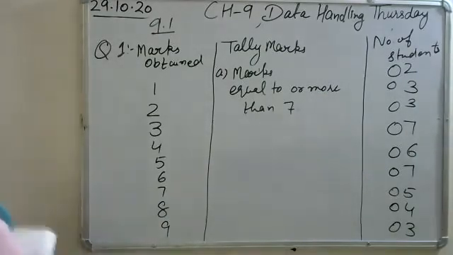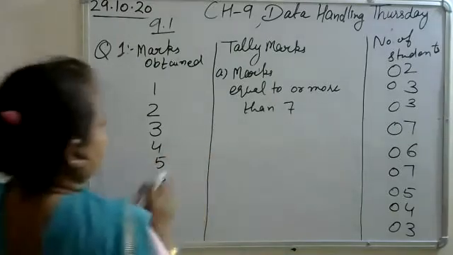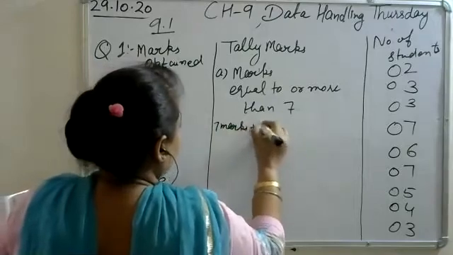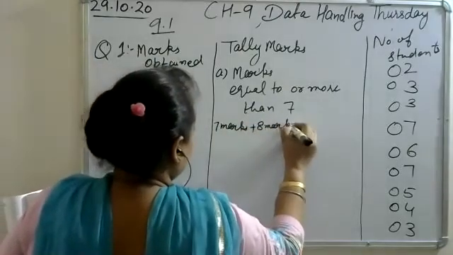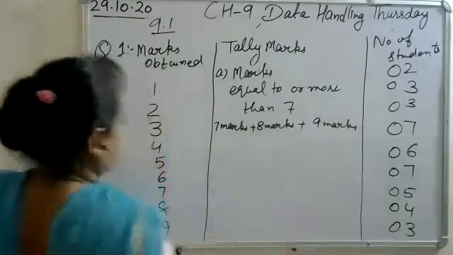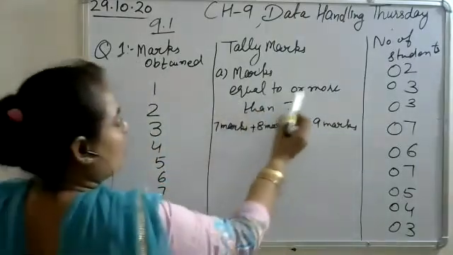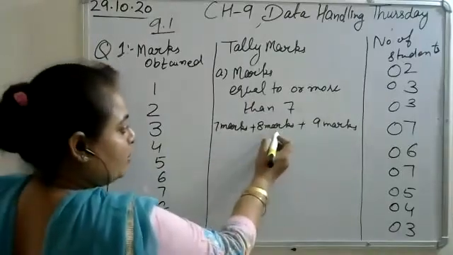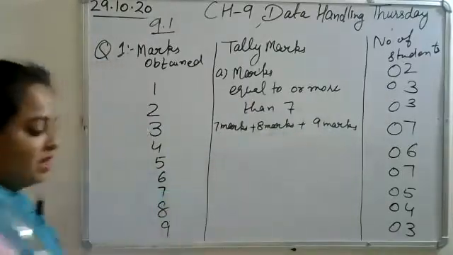Marks equal to or more than 7 means 7 marks, 8 marks, 9 marks.